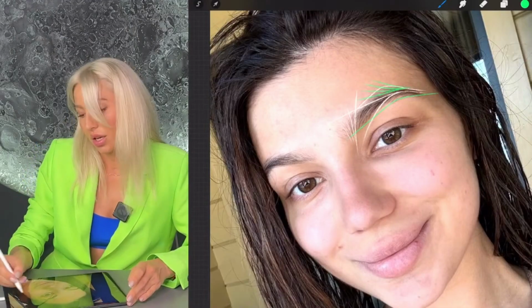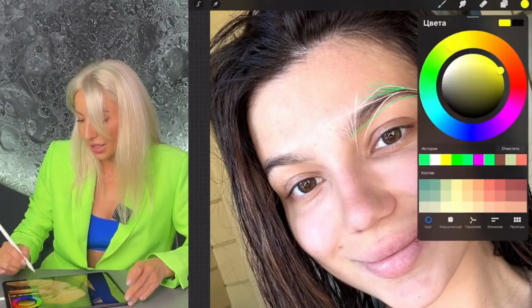I see that they are growing really nicely. Also this direction. And then we need to build our shape and to create the strokes in the tail. So this area will be for the strokes which are in the tail.